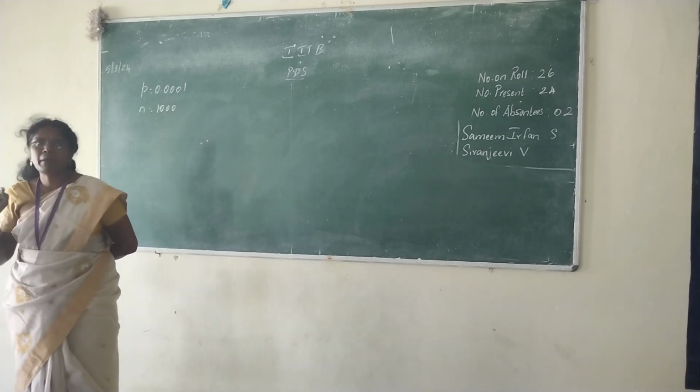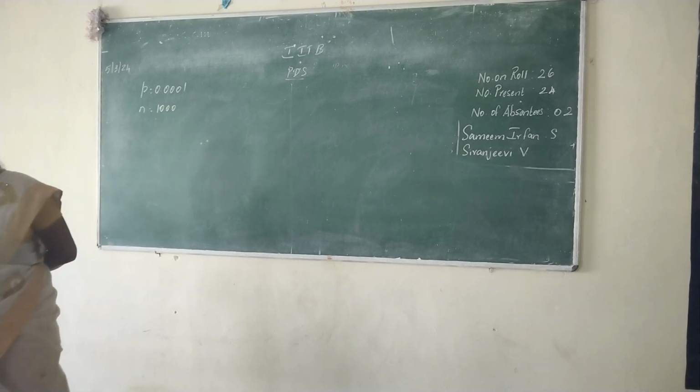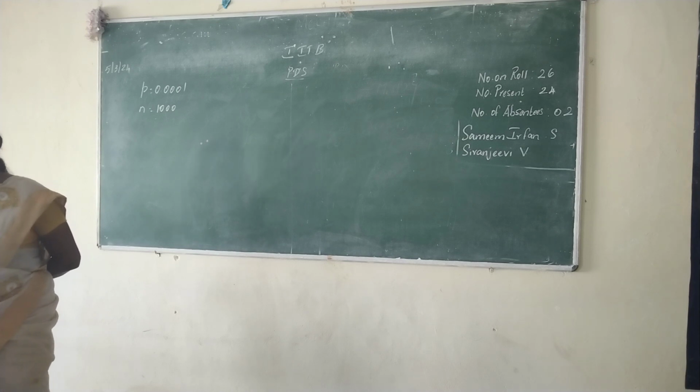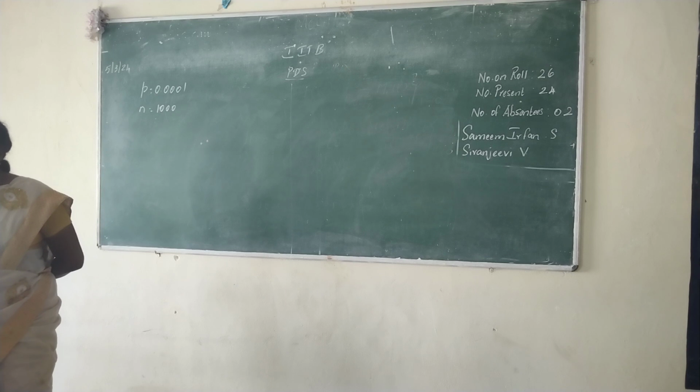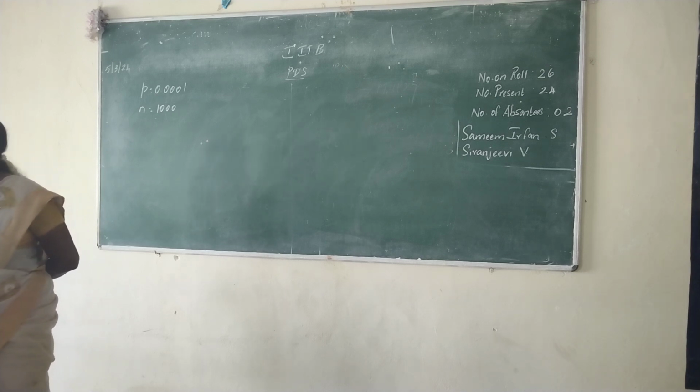To solve the problem by Poisson, you need a lambda value. Where lambda is not given in the statement, how can you find lambda? Lambda is equal to np. I gave you that formula. Using that, you can find the lambda value, and then solve it using the Poisson distribution.